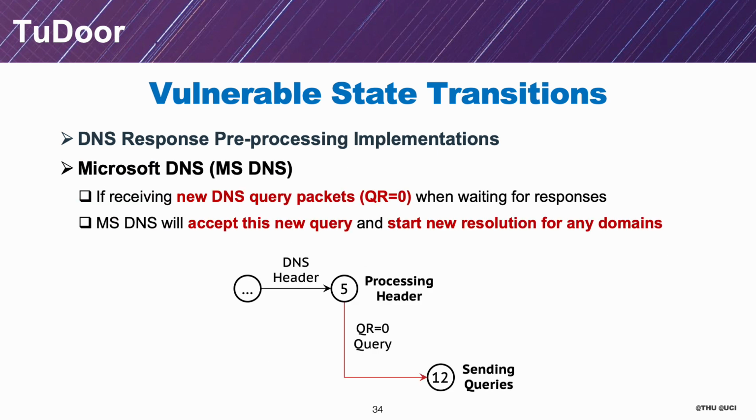For example, for Microsoft DNS, if it receives a new DNS query packet in state 5, when waiting for the responses, it will accept this new query and start a new resolution for any domains, which leaks the source port for DNS cache poisoning. So basically, in state 5, Microsoft DNS should only accept responses with a QR flag equal to 1, not 0. So this is the vulnerability.